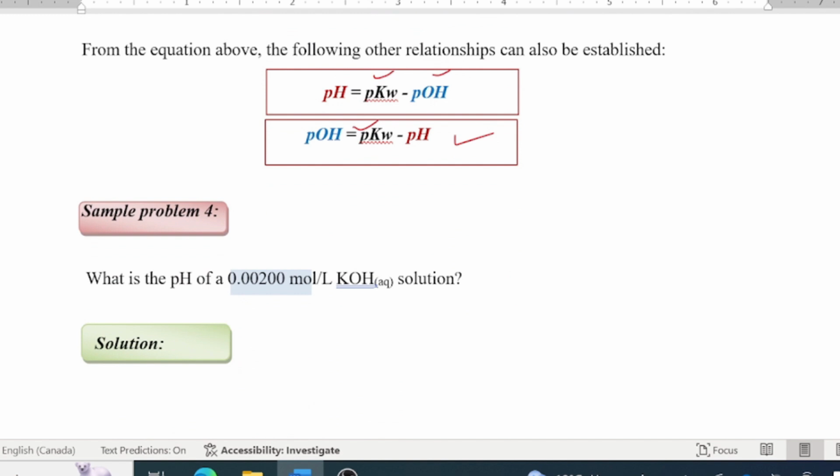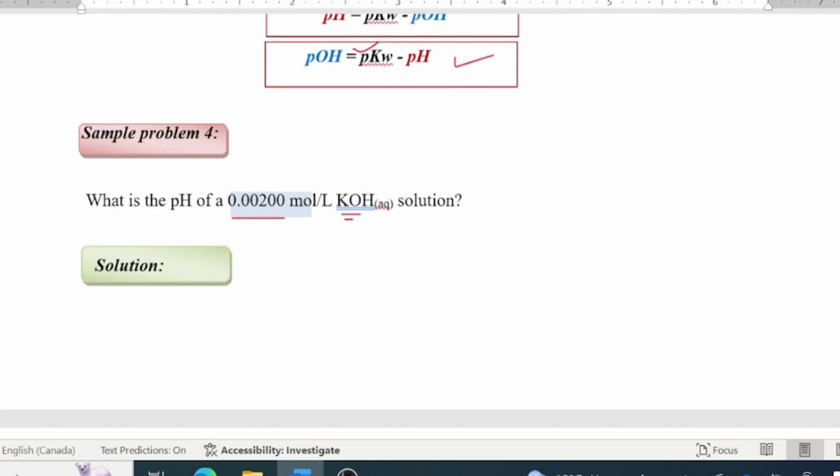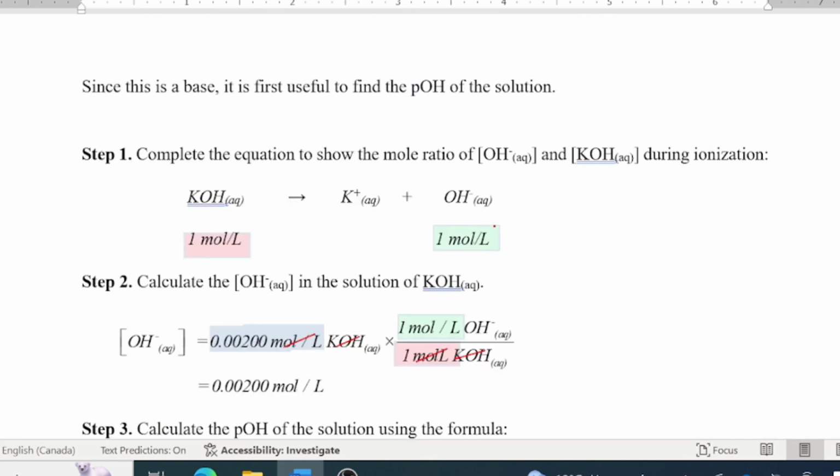Another one, watch this one. What is the pH of this now? See how they're smart? They're not asking you pOH, because you might say, oh gosh, I have OH, where am I going to get H from? Remember now, if you find the OH concentration, you can find the H concentration. So let's do this one. First of all, you do the ionization equation.